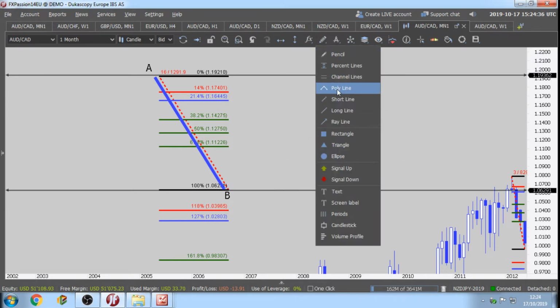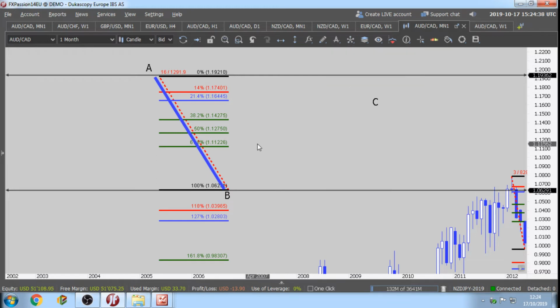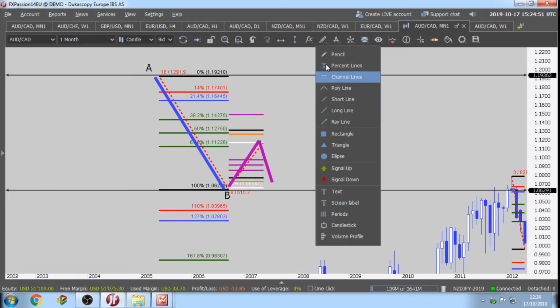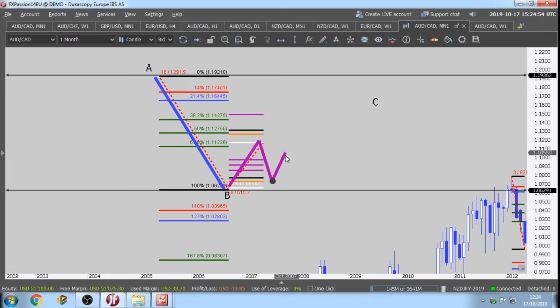Okay. Let's say that you have a Contrarian Fibonacci like this, and the market went up and made a deep retracement to the orange line, and then it went up again.